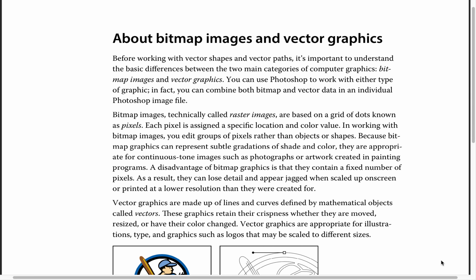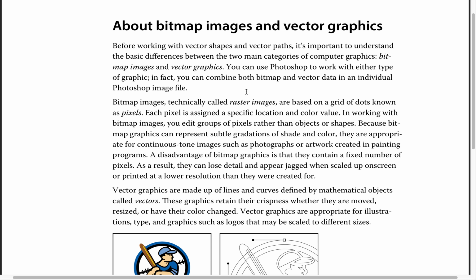Bitmap images, which are technically called raster images, are based on a grid of dots known as pixels. Each pixel is assigned to a specific location and color value. In working with bitmap images, you edit groups of pixels rather than objects or shapes.